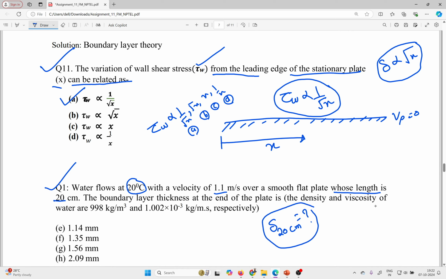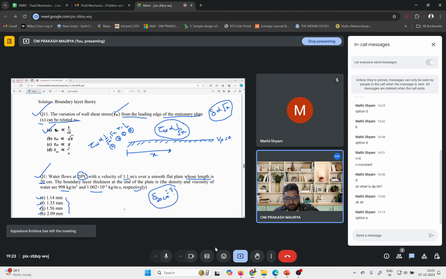The density and viscosity of the water are given respectively. Please think on options E, F, G, H. Which option will be correct? Think on how you will solve. You have 5 minutes. Please try to give your answer.